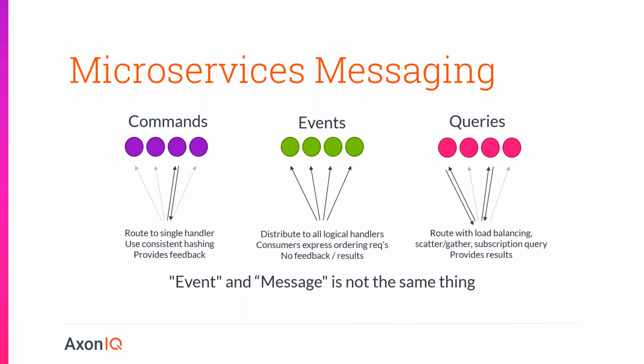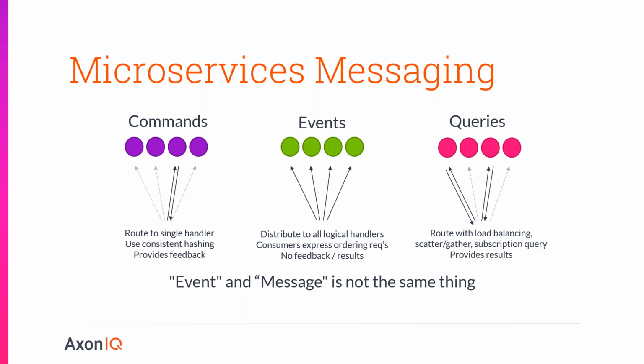Now, quite often consumers have specific expectations on ordering of events. And there's a lot of discussion about ordering of messages, and you cannot guarantee... well, that's not completely true. There are specific things that you can guarantee. There are certain aspects that you cannot, but a consumer can express certain ordering requirements.